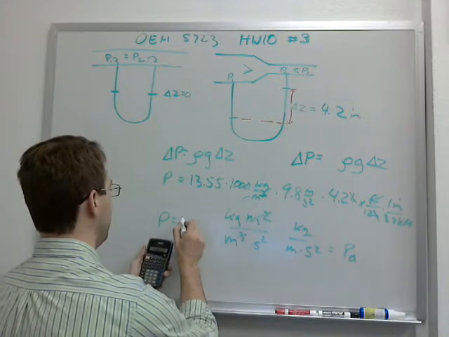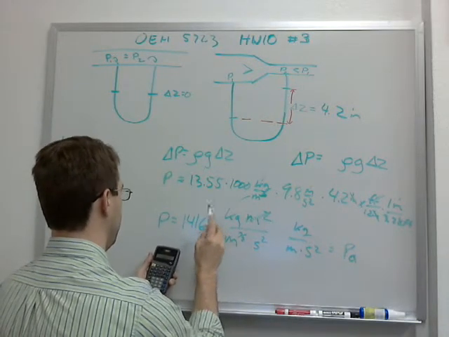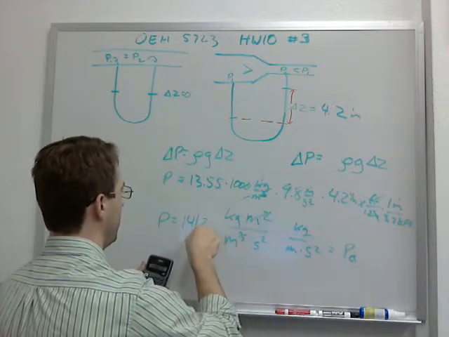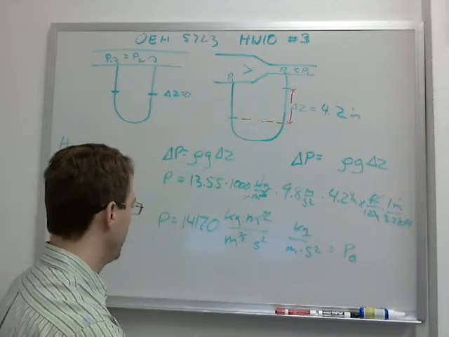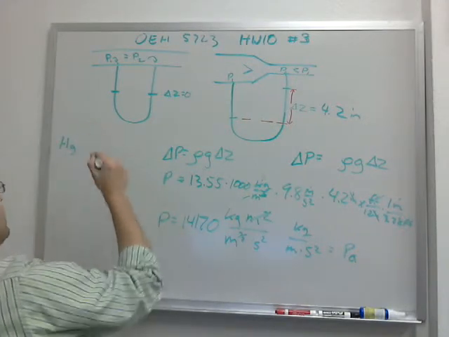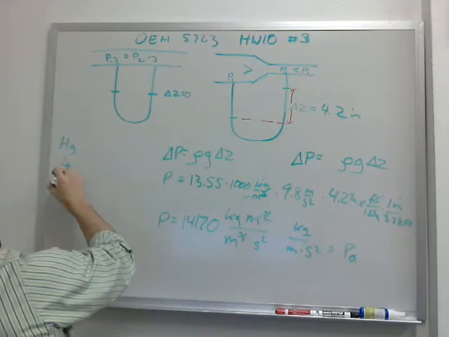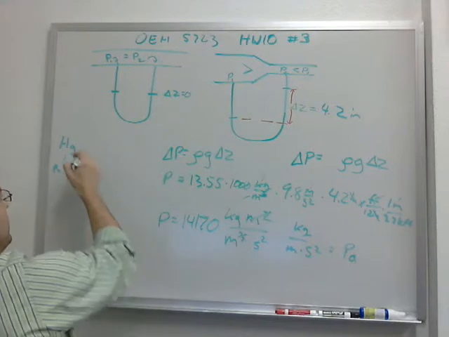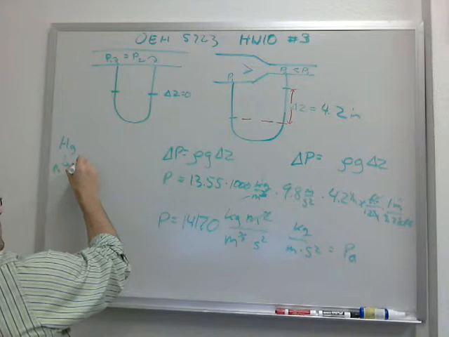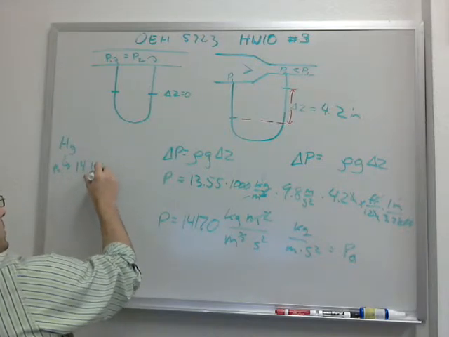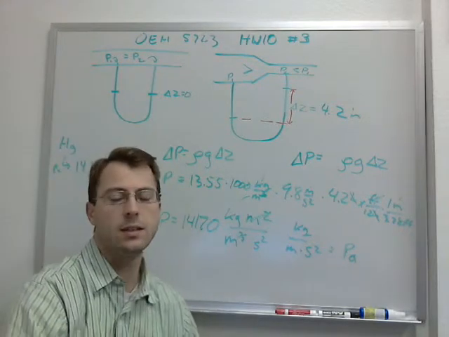This comes out to about 14,170 pascals. So for mercury, we find that this displacement is 14,170 pascals.